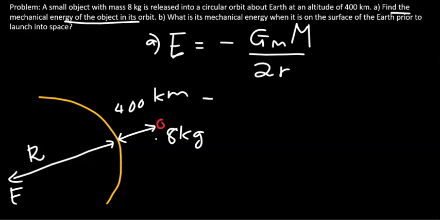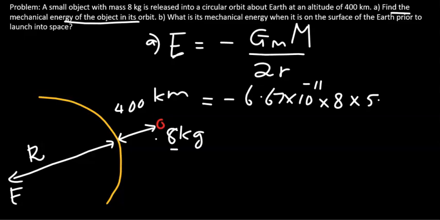So let's substitute the numbers. Minus capital G is 6.67 times 10 to the power minus 11. And then you have the masses. One is 8 kg, and the other one is Earth, whose mass is about 5.98 times 10 to the power 24 kg. We assume that in the problem the mass of the Earth is given.